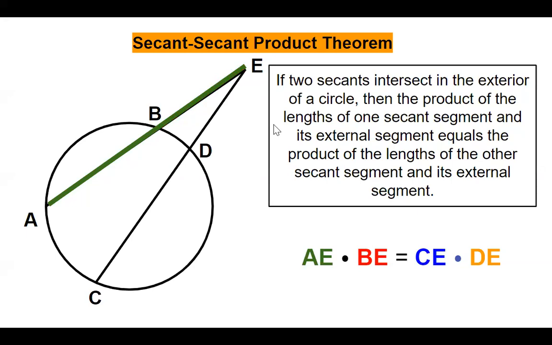The entire, not the interior part, the entire secant segment times the exterior part, which is BE. And the same happens with the other segment. So here's my secant times its exterior part. Now those two products, those two multiplications, are going to be equal to each other, okay? So we know that they're going to be equal to each other.